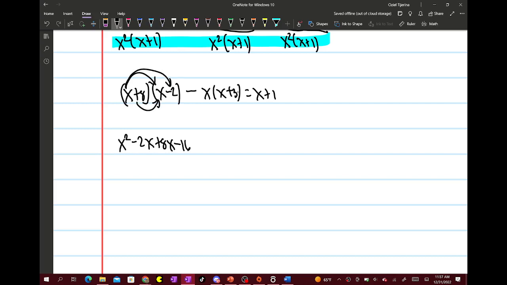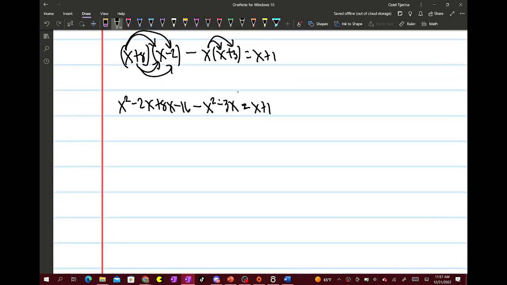So FOIL method basically. And then minus x squared, minus 3x, excuse me, I'm sorry, it'd be minus 3x. And then this is equal to x plus 1, right?